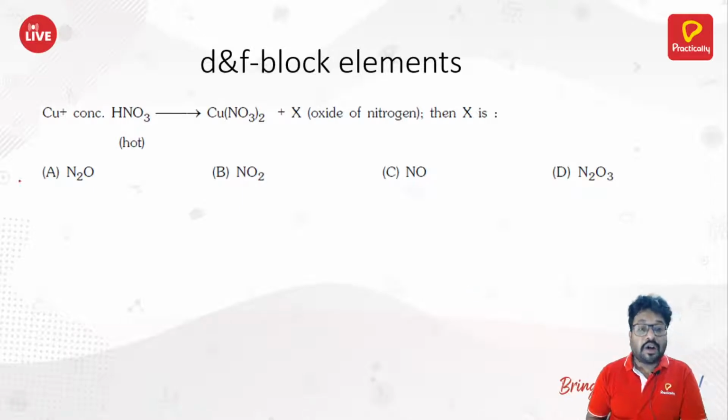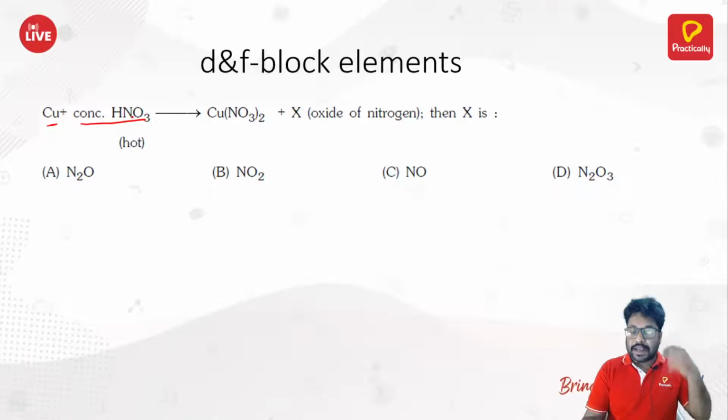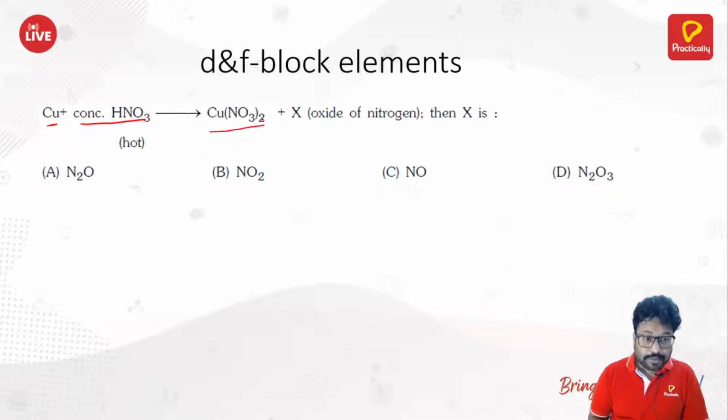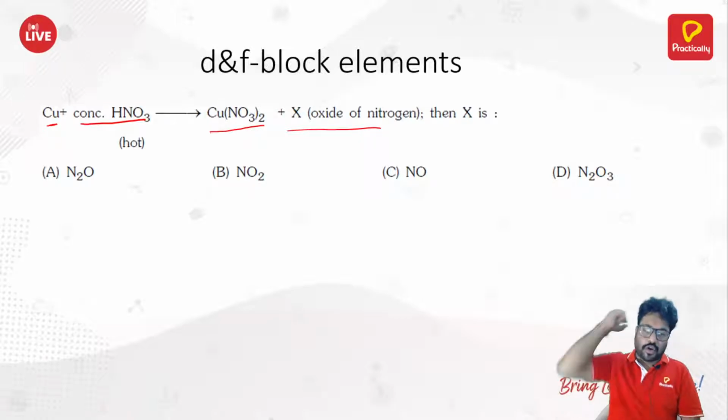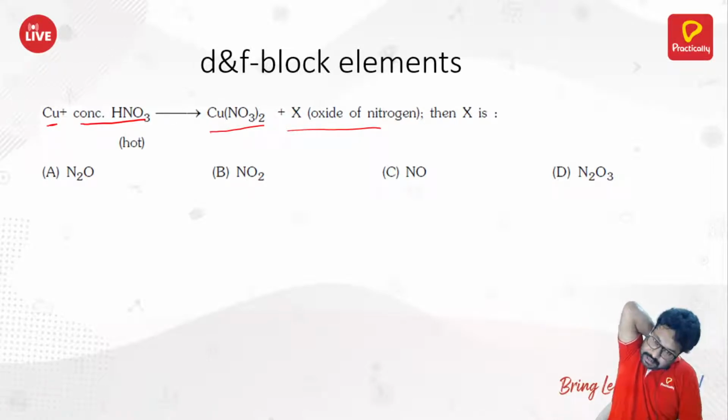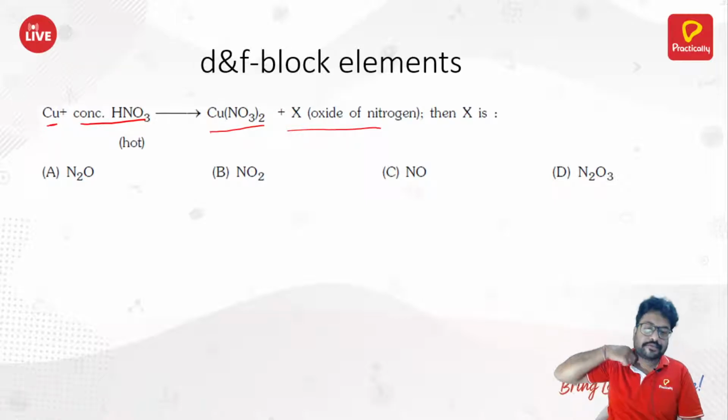Next, copper reacts with conc HNO3 to give copper nitrate plus an oxide of nitrogen. We don't know what oxide it is, and they're asking what that oxide is.